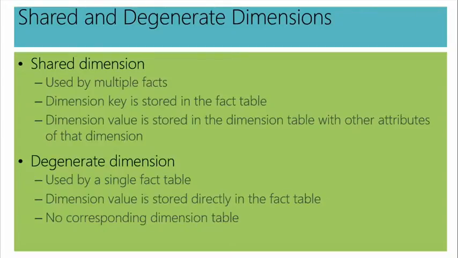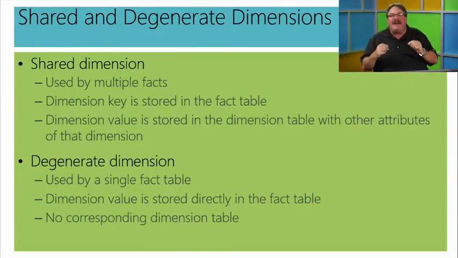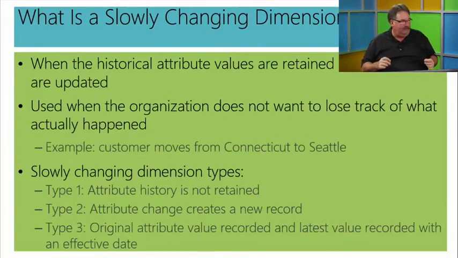It's only used in a limited scenario. So you store it directly in the fact table rather than creating that dimension table to support it. So a shared dimension has its own dimension table keyed back, and degenerate dimensions are stored directly in the table.